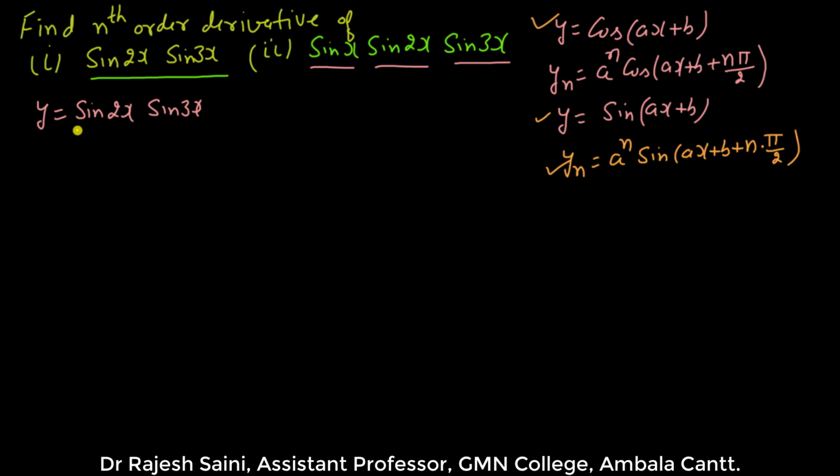Now look over here in this problem. We are given the product of two elementary sine functions. So to deal with that product, we don't have any direct nth order formula. If there had been only sin 2x, we could have easily written its nth order derivative, and if there had been only sin 3x, we could also easily have written its nth order derivative.